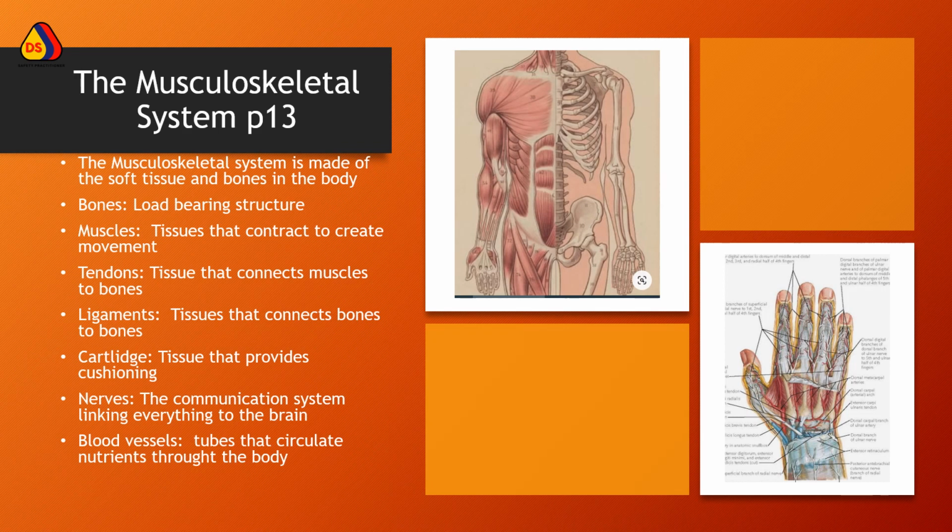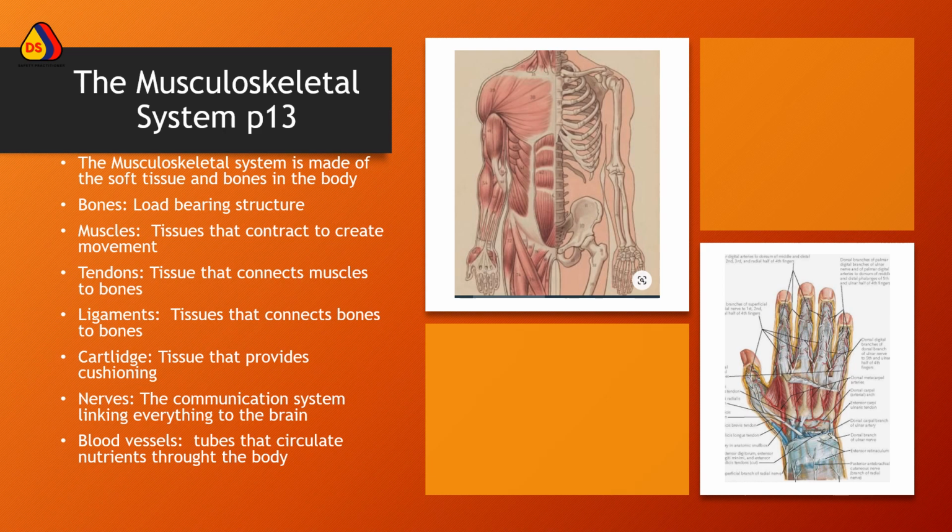The musculoskeletal system is made up of soft tissue and bones in the body. The bones are the load-bearing structure. The tissues that contract to create movement are the muscles. Tissues that connect muscle to bone would be tendons.